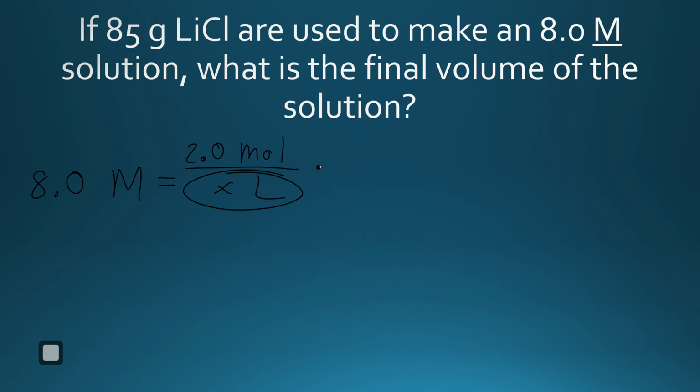Multiply x out. So you're going to multiply both sides times x. I now have 8x equals 2. You can say 8.0 equals 2.0. I'm now going to divide the 8.0 to the other side. X is equal to 0.25 liters.